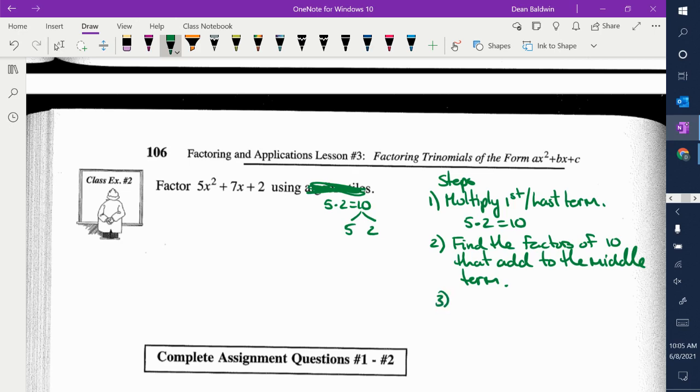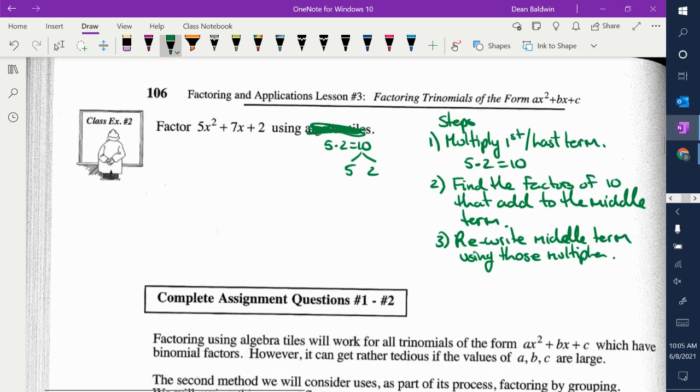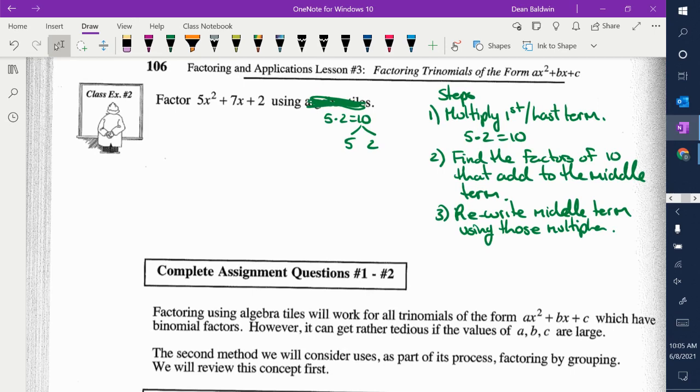So then your third step is rewrite the middle term using those multiples. So I come over here and I go, okay, 5x squared plus, and instead of writing 7x, I write it using the multiples that multiply to 10 and add to 7.